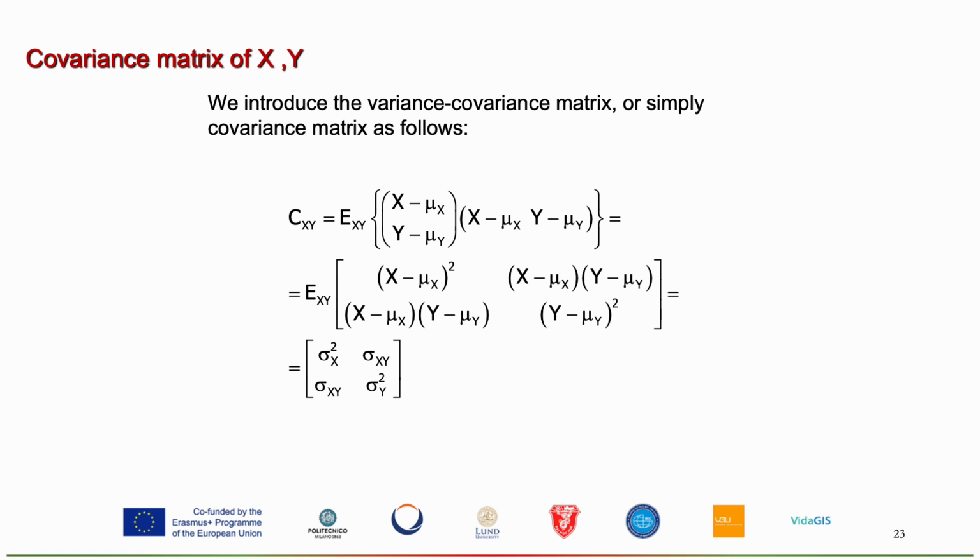And so, given the above definition of variance and covariance, the covariance matrix contains in the first diagonal element the variance of x, in the second diagonal element the variance of y, and off diagonals you have the covariance of x and y.